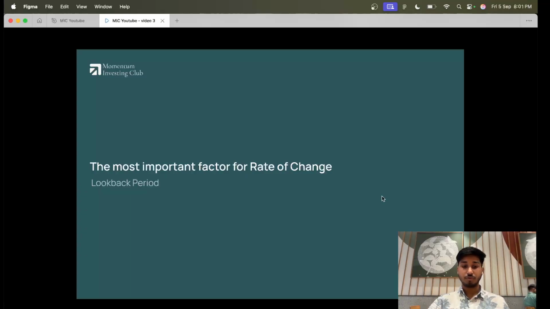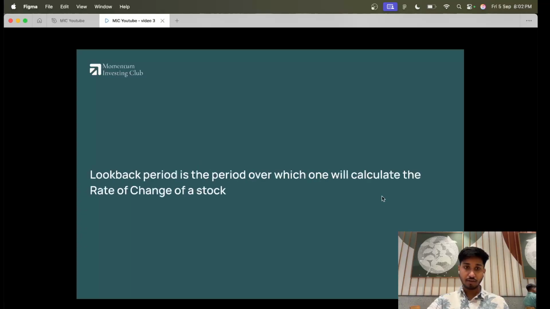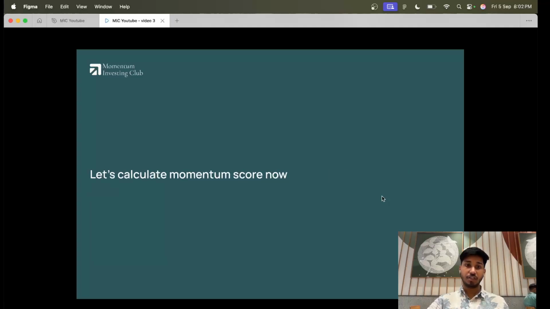So we need to figure out what exact duration one needs to consider when calculating momentum of a stock. In momentum terms, this duration is called the look back period. As I mentioned, the look back period is just the period over which we'll calculate the rate of change.